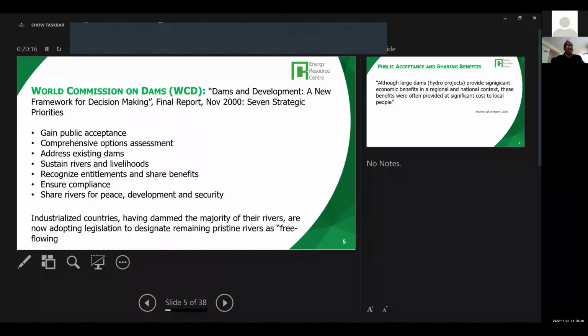So development and other activities also have to be linked with the core riparian countries, core riparian communities, and the upstream and downstream communities.